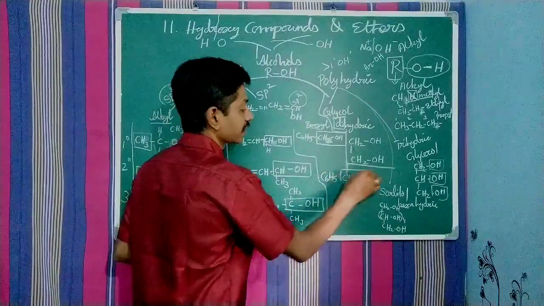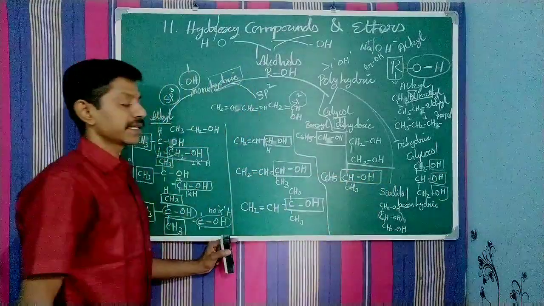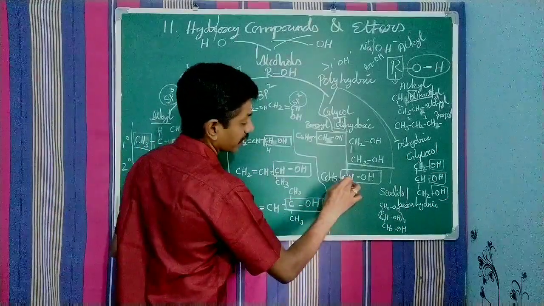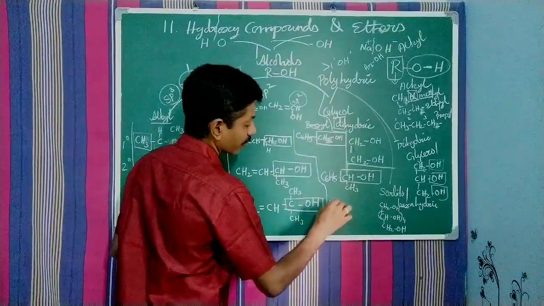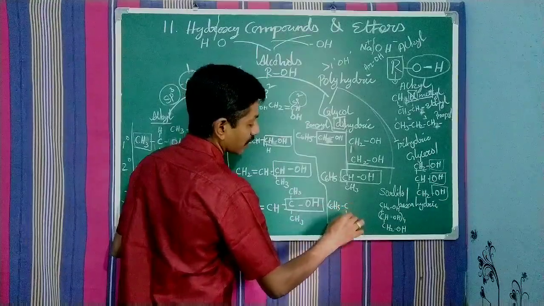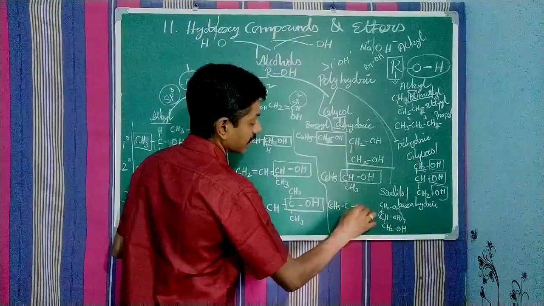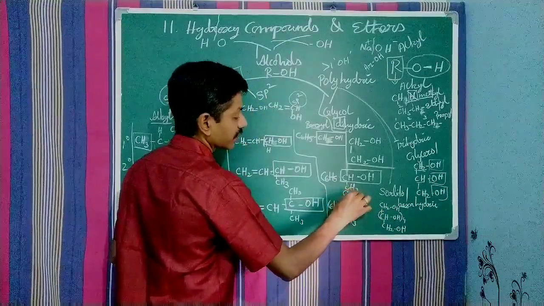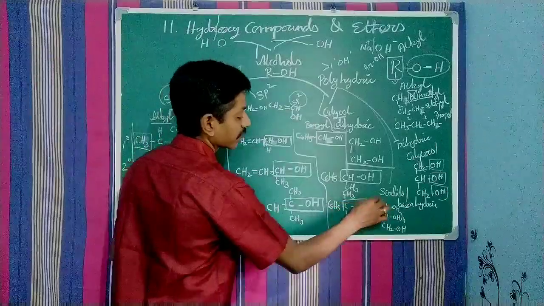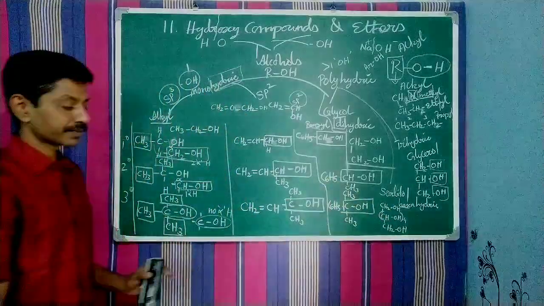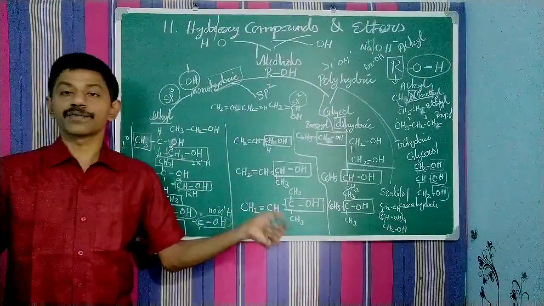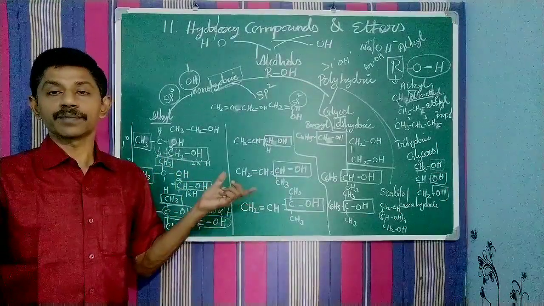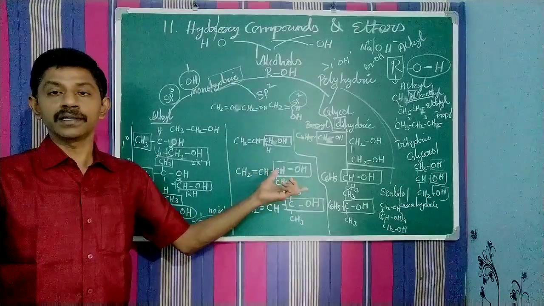Obviously this will get converted into a secondary alcohol. And if you go for removing this hydrogen also and add one more methyl group on the top, then this gets converted into tertiary. So for every class of organic compound we have to understand something about primary, secondary and tertiary.